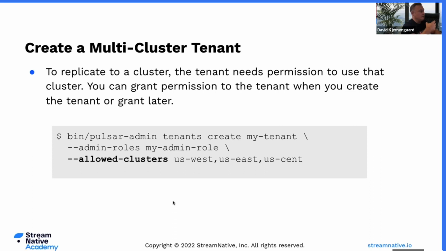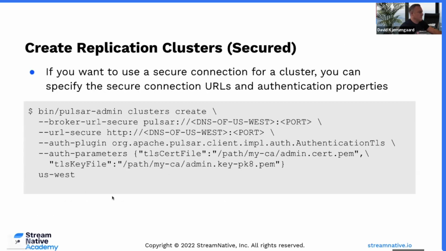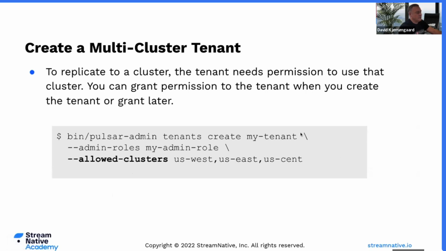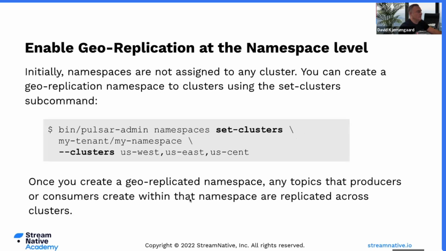I also specify those clusters that this tenant is allowed to operate on. So again, these clusters had to first be created with the previous steps. As we saw, US East and US West were created in the previous slides. Here, US West, US East. Now that they exist, I say allowed clusters. This tenant can now operate on all these different clusters.